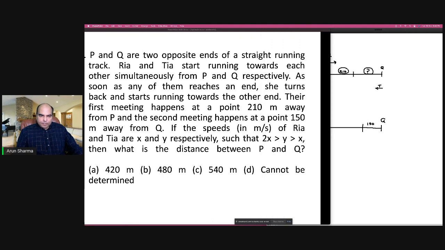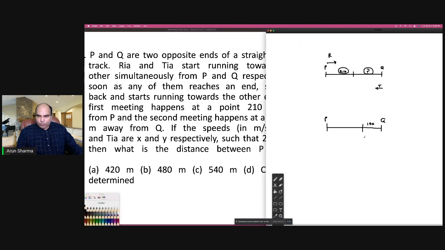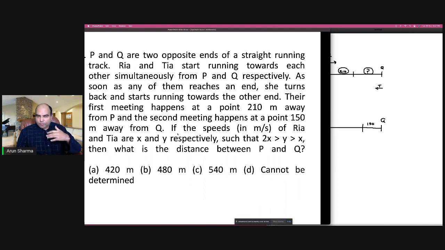Now we don't know at this point whether the second meeting is happening because Ria reaches the end point and comes back, or Tia reaches her end point and comes back. We don't know that yet. Because till this point, we don't know whether Ria is faster or Tia is faster.